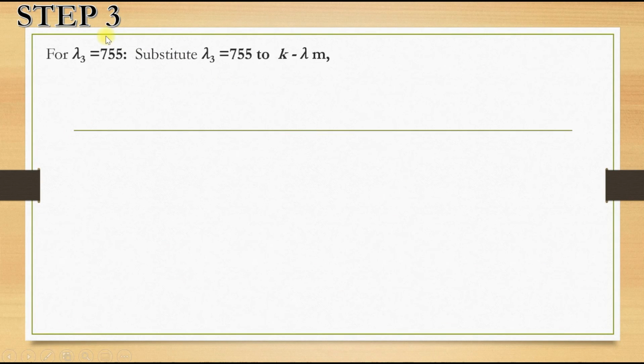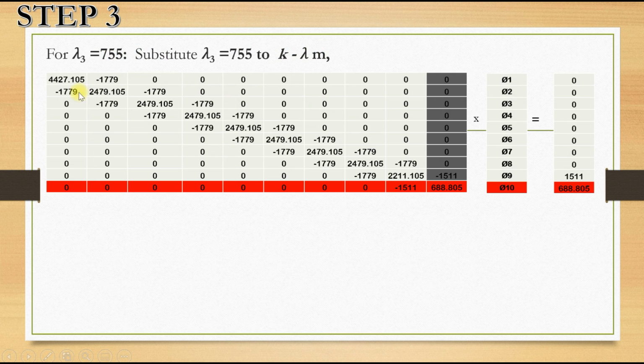So pag ganyan, which is tama. So for mode 3, substitute natin yung eigenvalue natin sa mode 3 which is 755 dito sa formula na ito. So makukuha na natin ito.